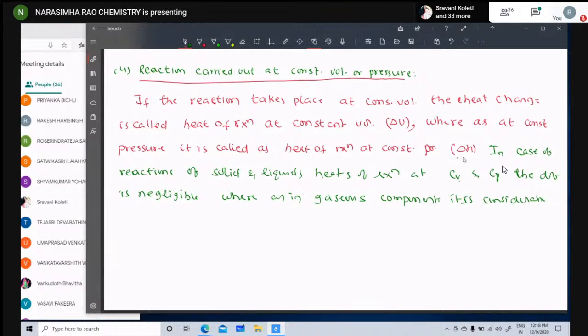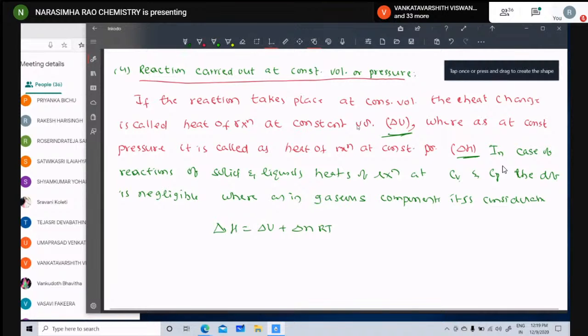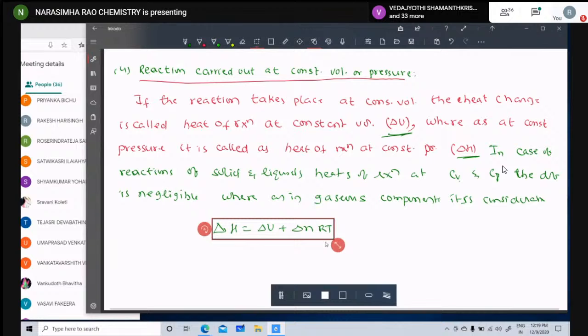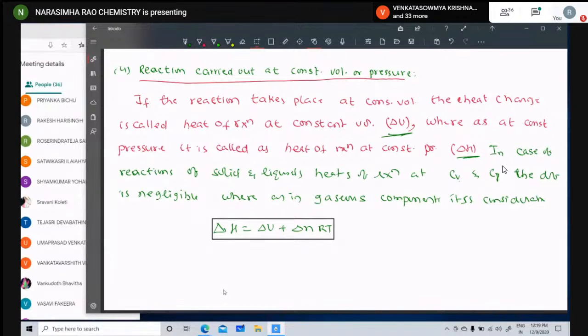So that delta H and delta U are interrelated: delta H is equal to delta U plus delta n R T. Children, it's clear? Yes, sir. Already we know what is delta H and what is delta U.